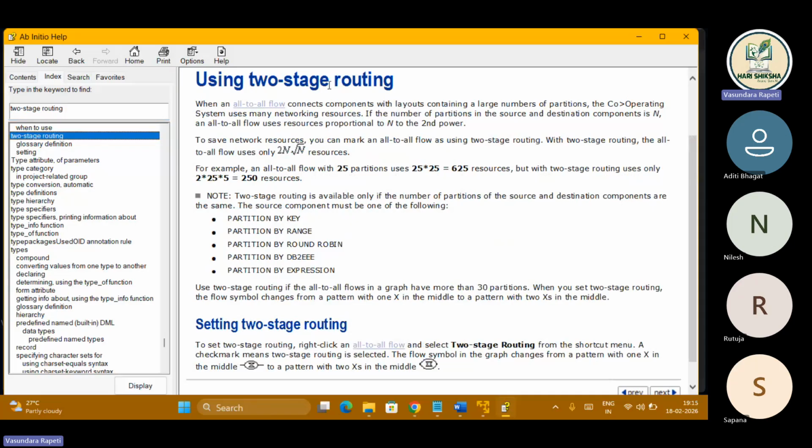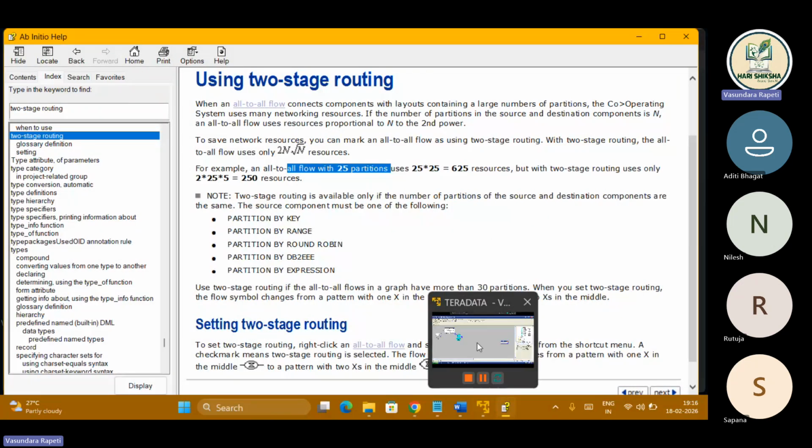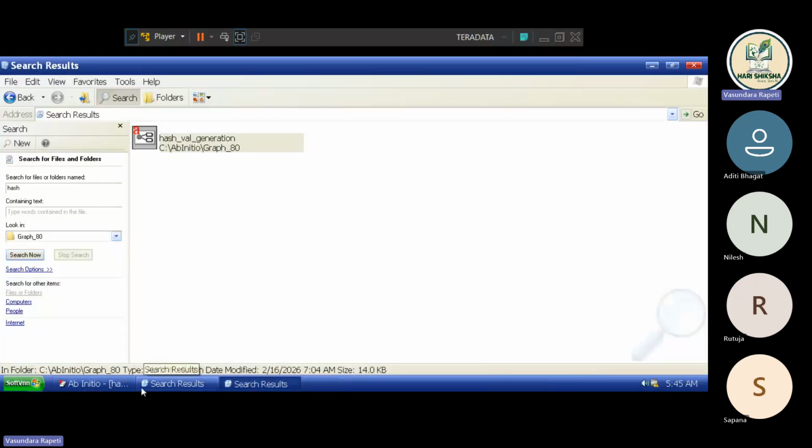So with this two-stage routing, what happens? Suppose you have an all-to-all flow with 25 way, then how many resources will be used for broadcasting? 25 cross 25. Input is also 25 way, output is also 25 way for that reformat or rollup component. Suppose I close that graph.